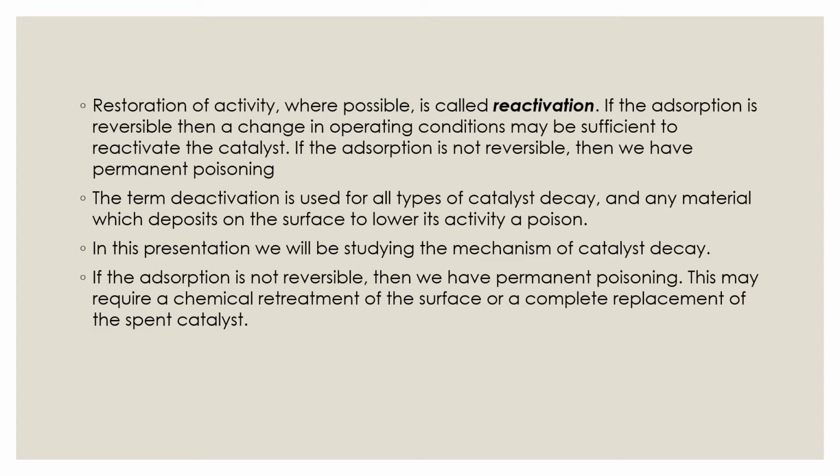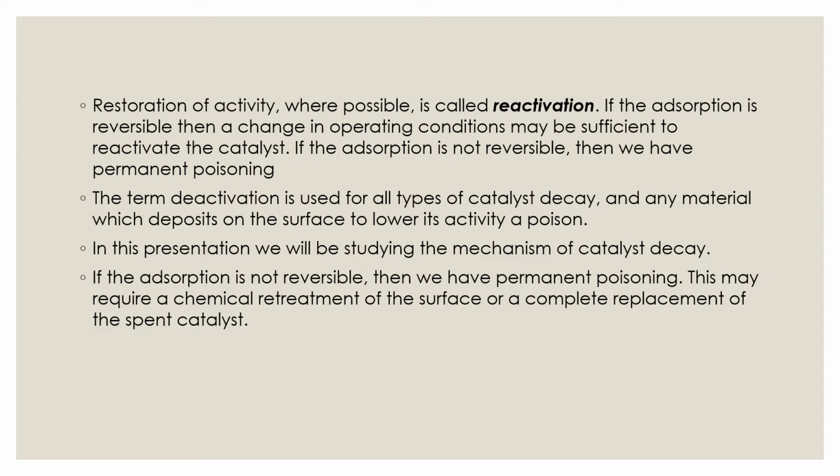If the adsorption is reversible, then a change in operating condition may be sufficient to reactivate the catalyst. If the adsorption is not reversible, then we have permanent poisoning and we cannot do anything about that catalyst. The term deactivation is used for all types of catalyst decay, and any material which deposits on the surface to lower its activity is a poison.